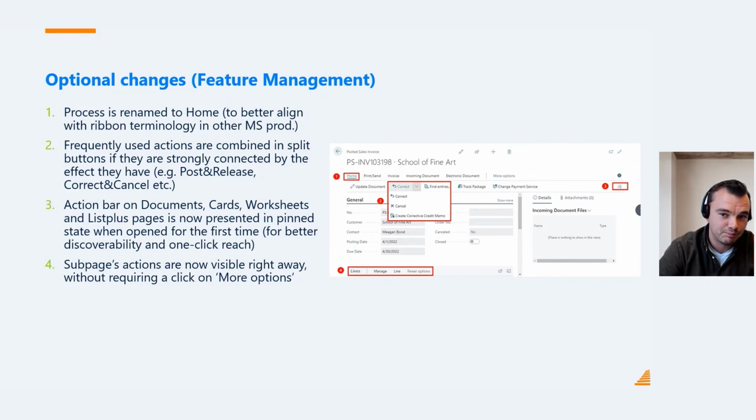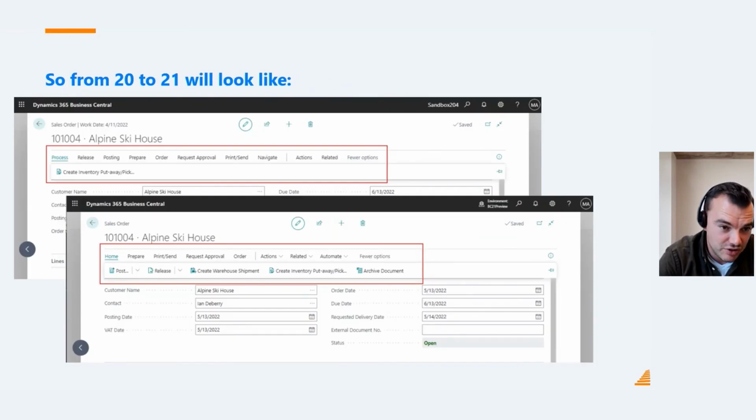So if we then compare BC20 with 21. The first one, you see BC20 with process, with both navigate still available, as well as order. In BC21 you see home, you see the split buttons, and you only find order, and navigate has gone.